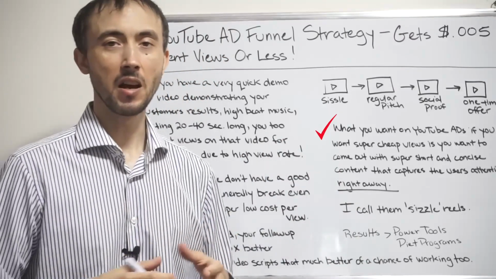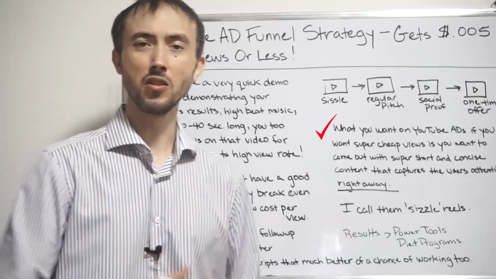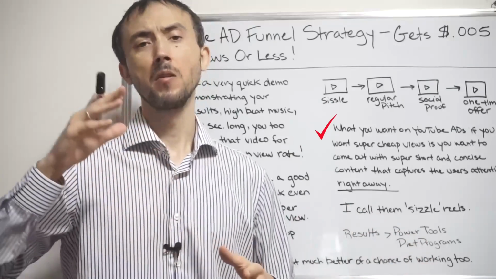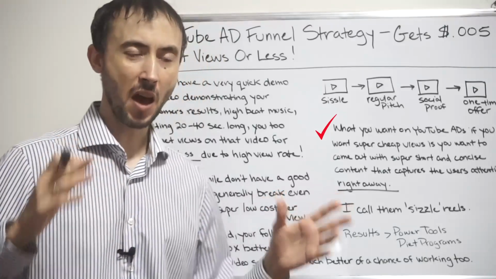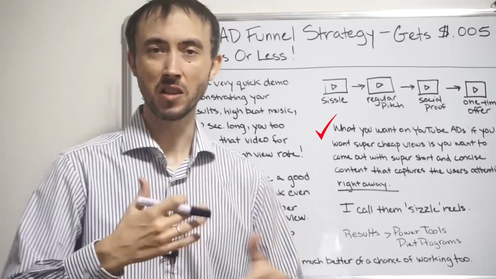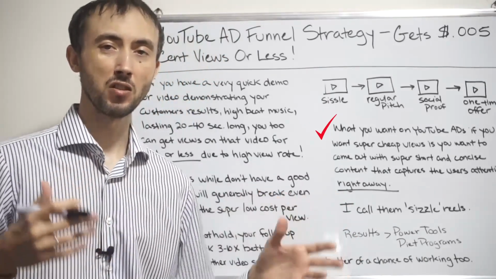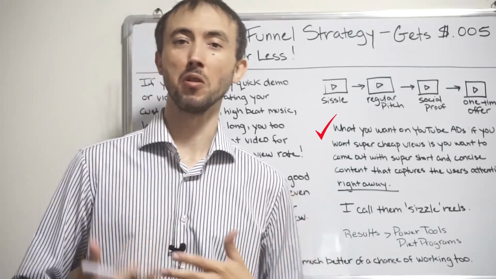So what you'll see, video ads on Facebook, for a long time advertisers have known to use shorter style videos to get across the message, because you only have so much time before they'll scroll away.